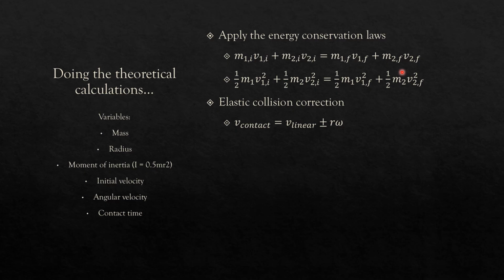Then moving on, we have the formula for initial and final velocities. Linear momentum was found here, the kinetic energy was found here, and then step 2 is moving into the elastic collision correction, which gives the velocity after contact, which is the linear velocity plus r times the angular momentum.